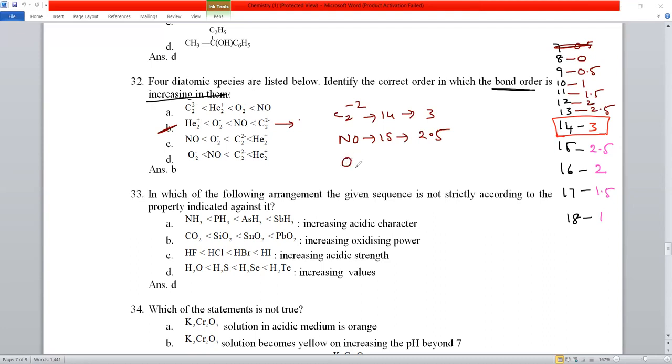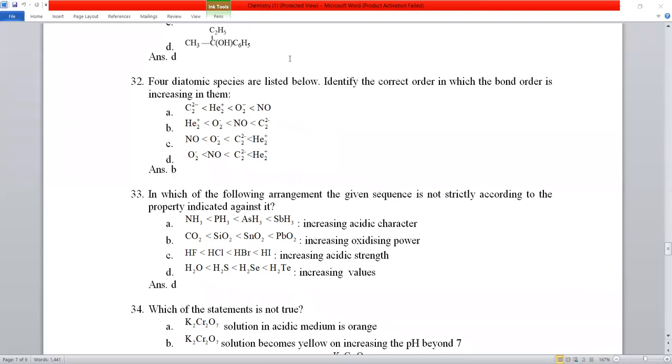And O2 minus is a 17 electron system, so it is 1.5. Then He2 plus is a 3 electron system, and a 3 electron system has 0.5. The calculation also gives 0.5. So 3, 2.5, 1.5, 0.5: they have arranged it in decreasing order. So option B is correct.